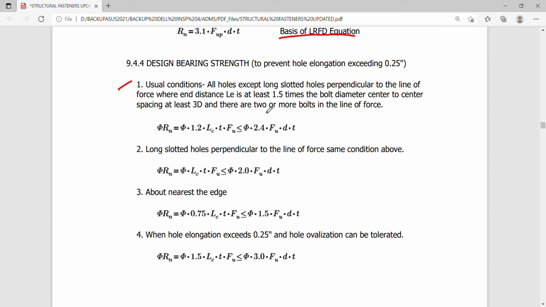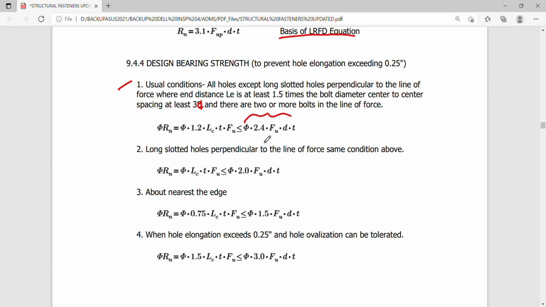Okay, so this is now, I think this is the 3D of the bolt, no? Okay, so this is RN equals 1.2 LC T multiplied by FU less than or equal to this limit. So these are limiting values for such a resistance.